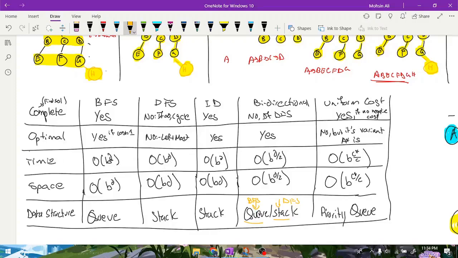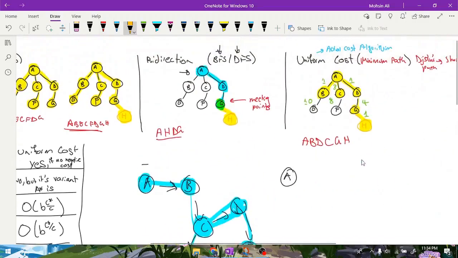What is the time complexity of a uniform cost search? It is basically C star divided by C, and C star is basically the actual cost, or like the minimum amount of cost it would take you to go there, divided by the cost that you were getting. So for example, in this one, you went from 1 to 4 to 1, right?